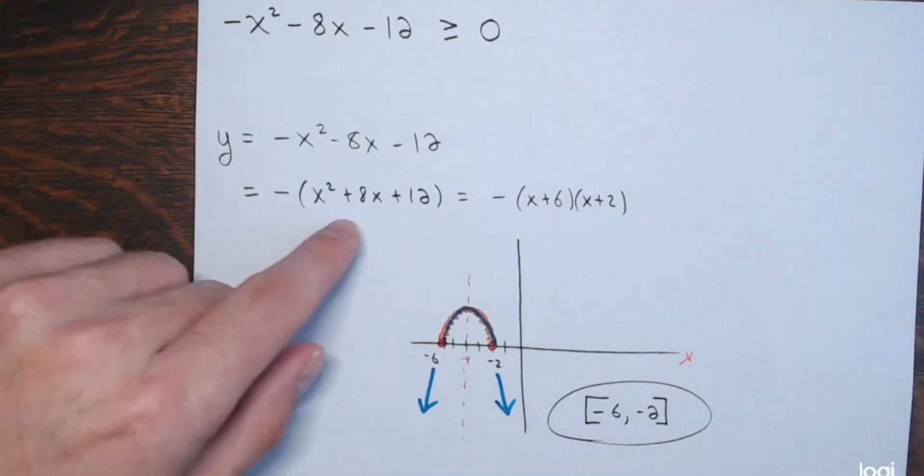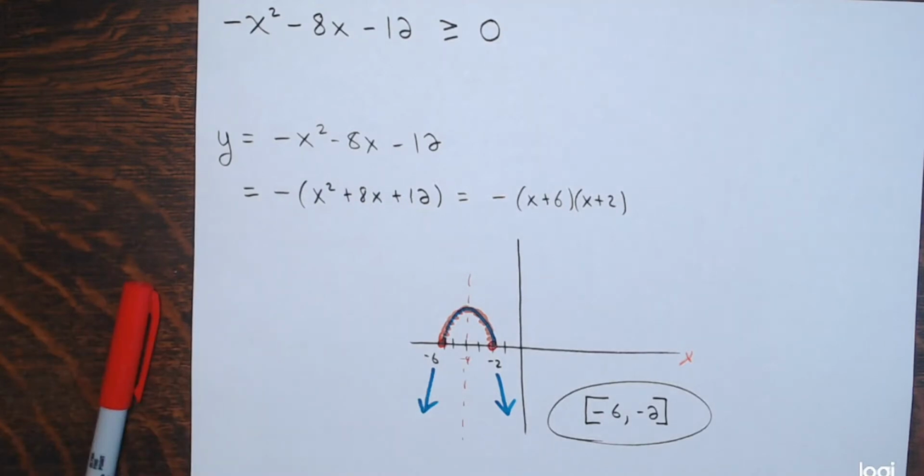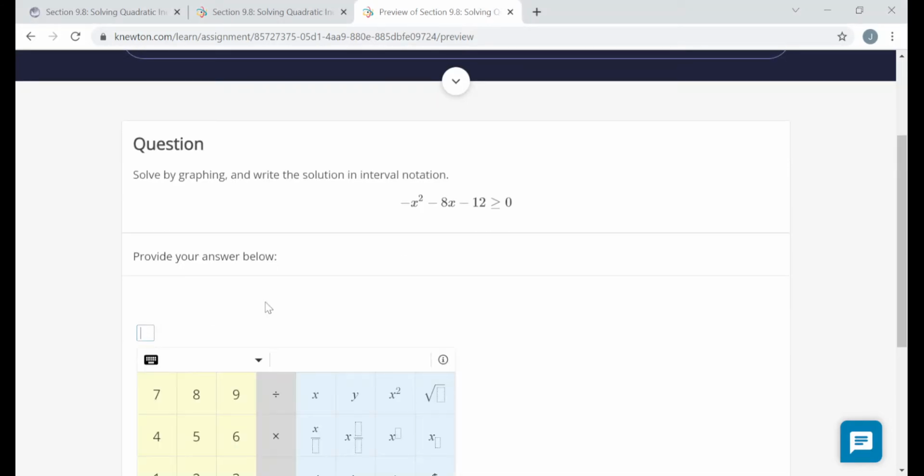Now, if you can't see how to factor things, use the quadratic formula to find the x-intercepts, but you're still doing the same stuff, pretty much. Alright, and then the solution set for this inequality is brackets, from -6, comma, to -2, bracket again.